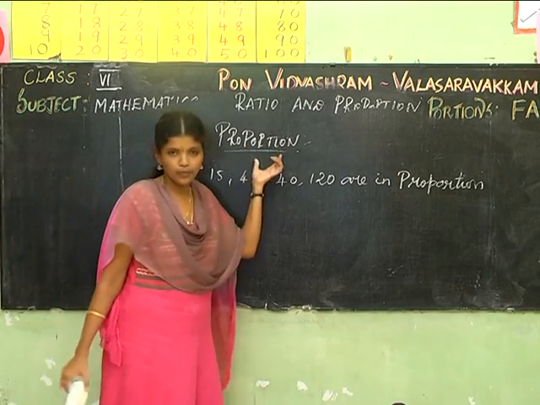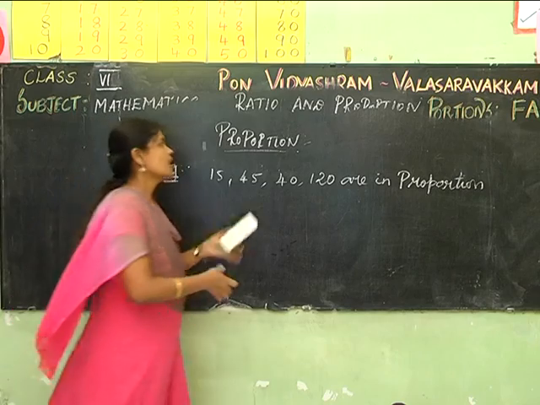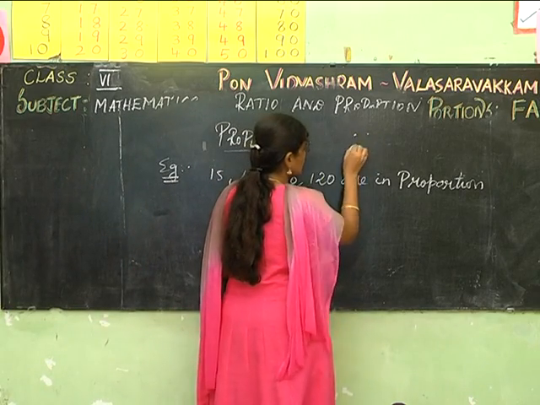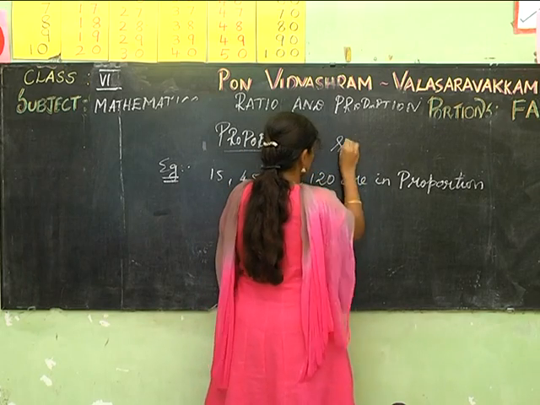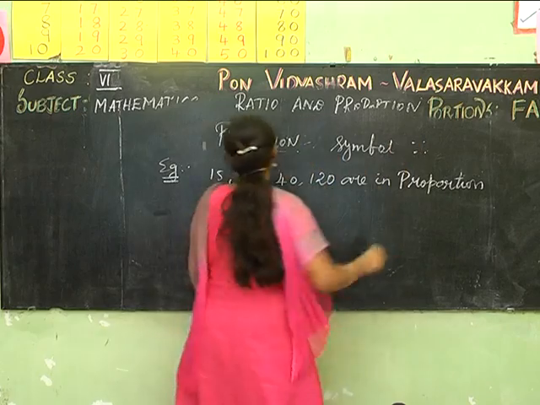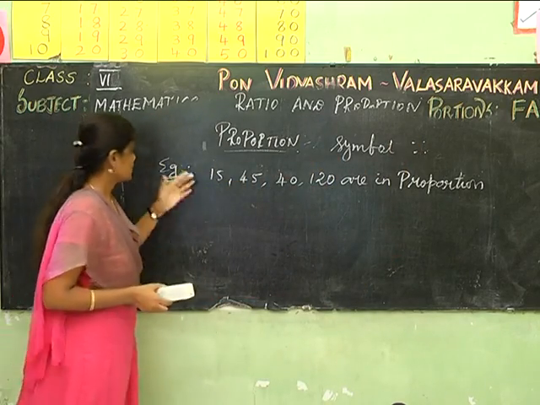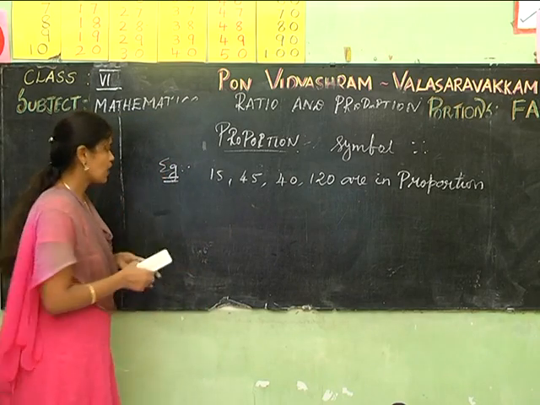See here, what is meant by a proportion? If two ratios are equivalent, it is called a proportion. It is denoted by a symbol like this. Now I am considering this example for you. 15, 45, 40 and 120 are in proportion. You have to check it.